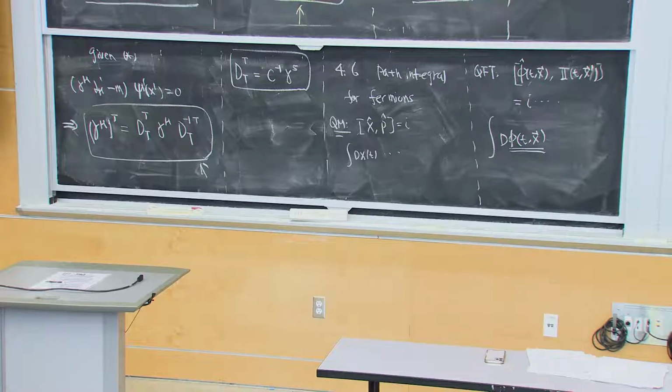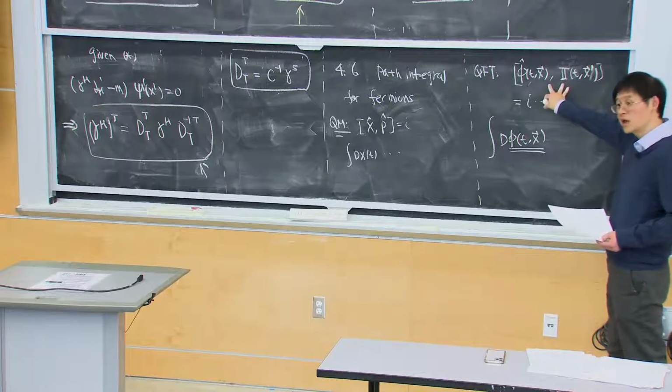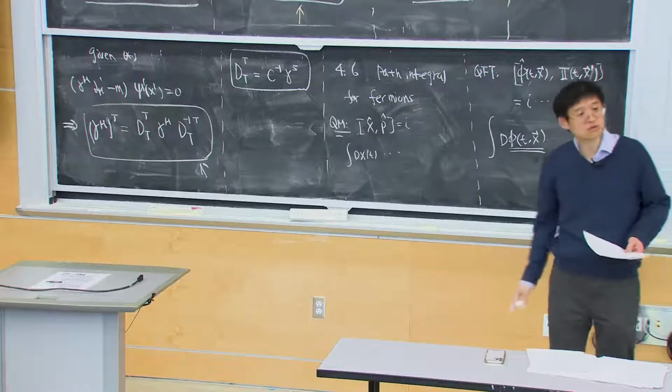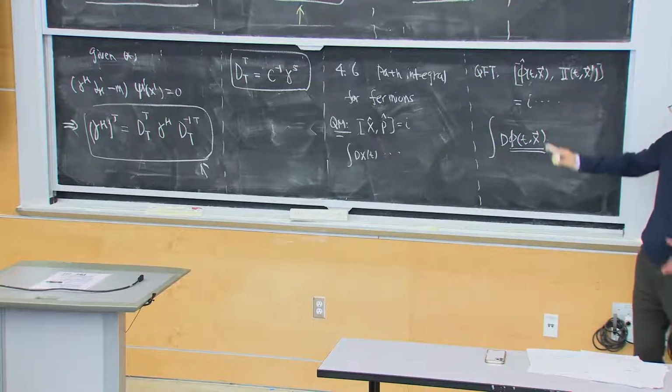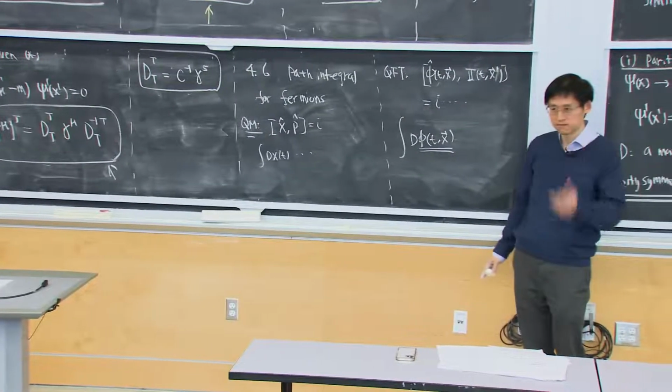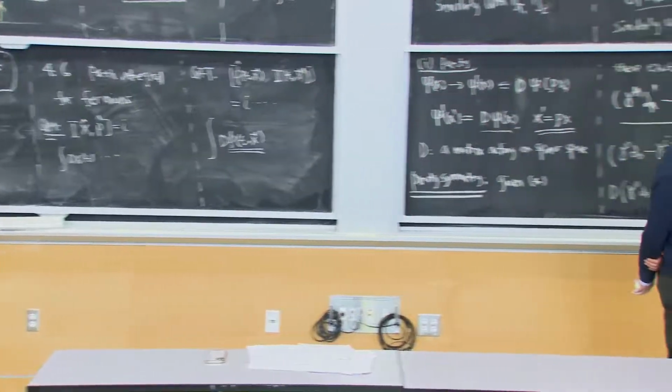Now we have to do fermions. We have to do psi. Psi is a little bit weird because, as we discussed before, you no longer have the commutator, you actually have an anticommutator. So what do you do? Do you still follow the same rule, or do you have to change the rule? That was actually a question.